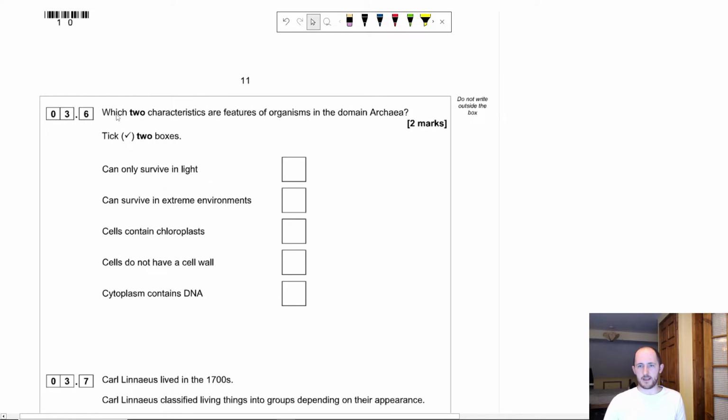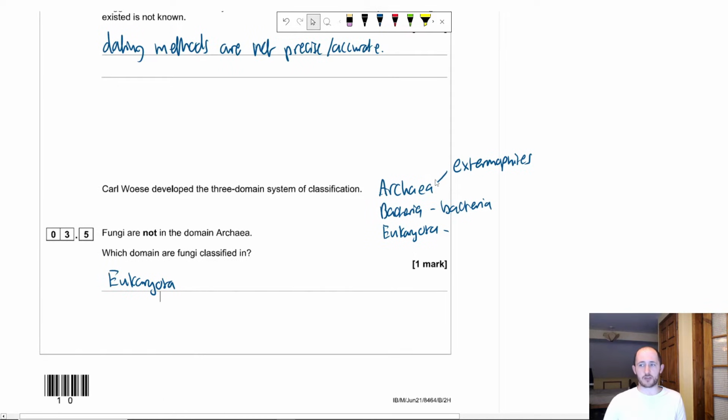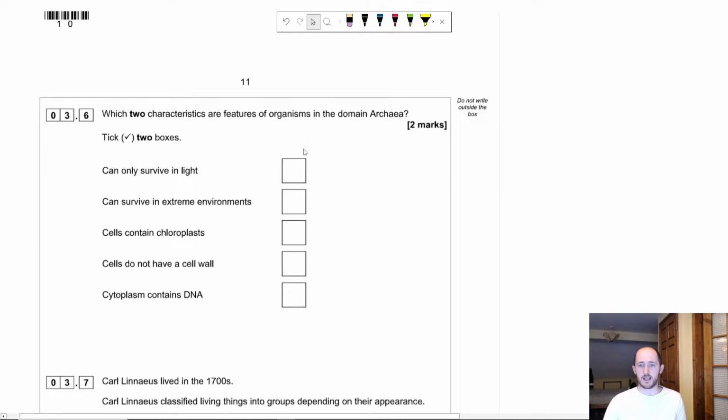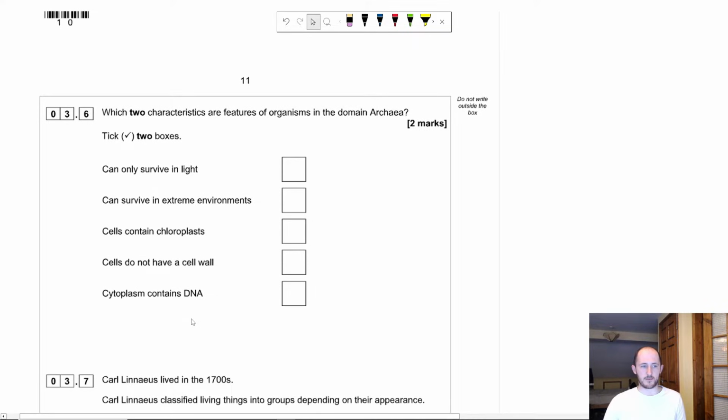Now, we're talking about the characteristics which are features of organisms in the archaea domain. Well, I mentioned that they're extremophiles, and there's a reason for that. They can survive in extreme environments. That's the extremophiles bit. Now let's think of the rest. Chloroplasts, that's plants or eukaryota, so it's definitely not that. Do not have a cell wall?